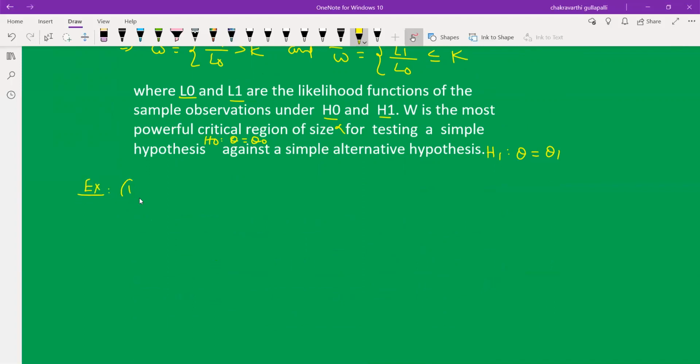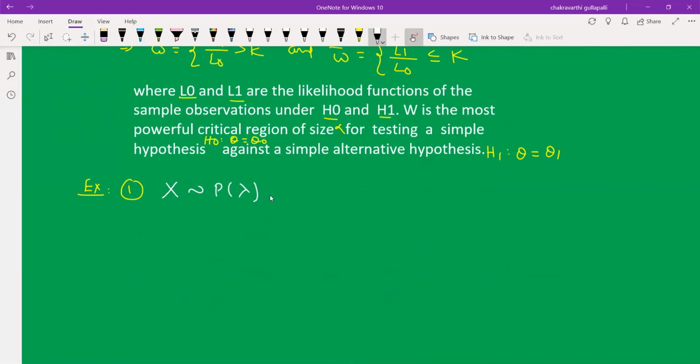Example 1. X follows Poisson lambda, the Poisson parameter lambda.